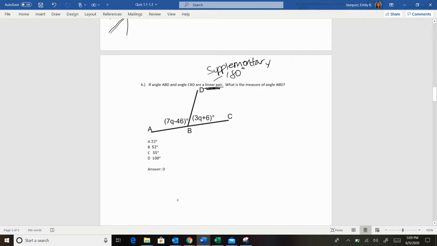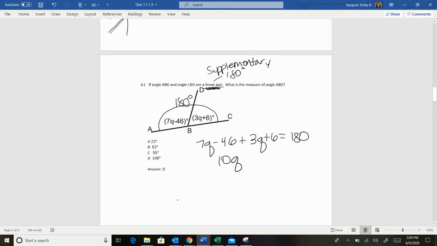So because I know that angle ABD and CBD are a linear pair, I know that these two together add up to 180. So using the angle addition postulate, I know that I can take 7q minus 46 plus 3q plus 6 and set it equal to 180.